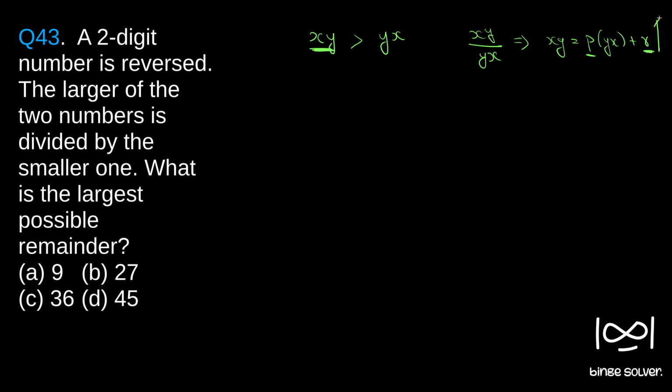We need to find xy and yx such that this r is the largest. So when we divide the larger number by the smaller number, we get the largest remainder. If we look at this equation, xy is equal to p into yx plus r, we can make some inferences.